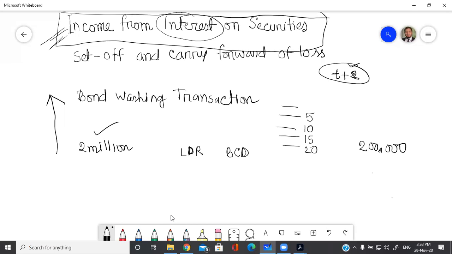If this person can manage to sell his interest bearing securities before the books close date, that means the date on which it will be recorded who will be entitled to receive the interest income.